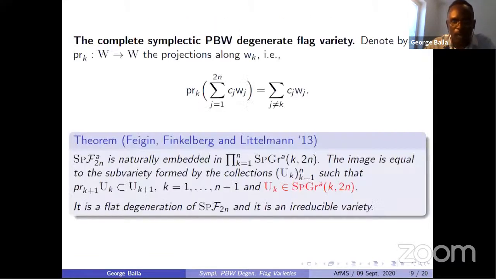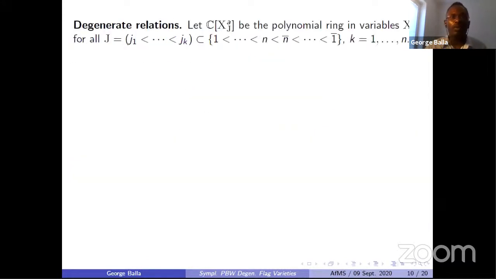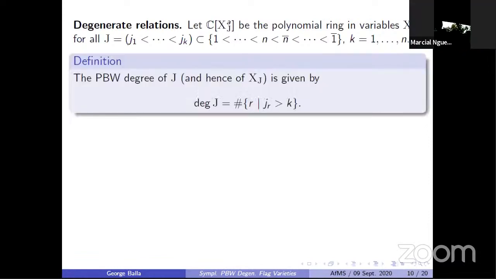Now, we have an embedding of a variety into some projective space. We can again talk about a polynomial ring having all these variables like before, but now we put an a to mean degenerate. Now I want to look at degenerate relations which can define our variety again. But we need a tool, because at the moment we have the classical relations.